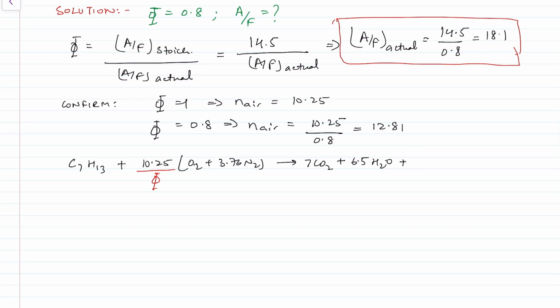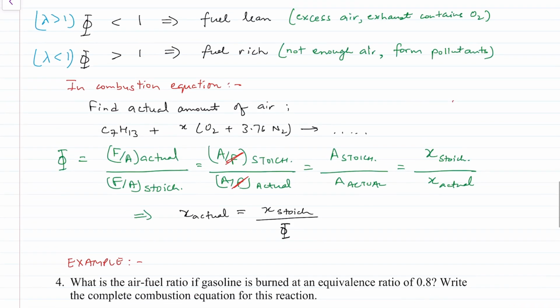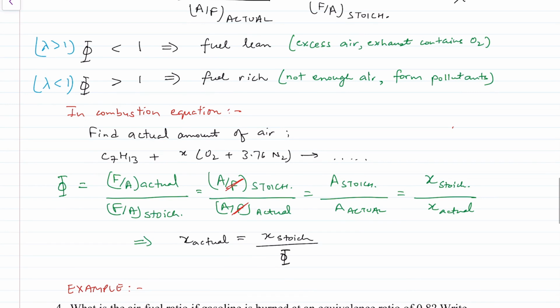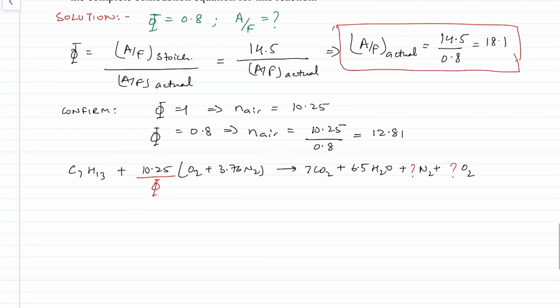There'll be nitrogen, and there'll be oxygen, because we just discussed the phi value is less than 1, so it's a fuel lean condition, and the exhaust will contain some amount of oxygen. But we don't know how much.